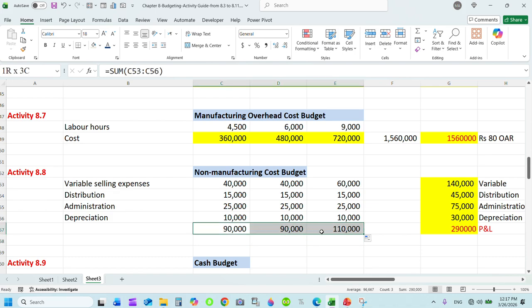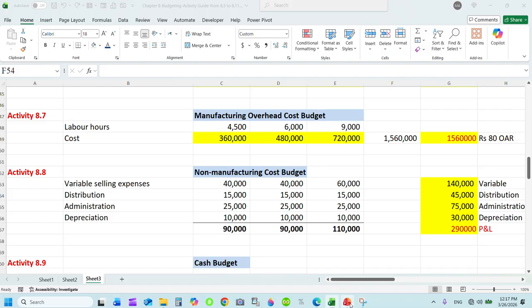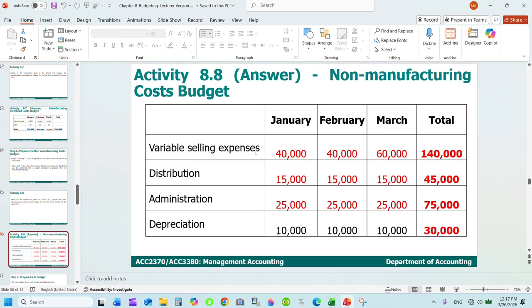So these are non-manufacturing expenses. These should go to P&L. Okay, so this is your non-manufacturing expenses.